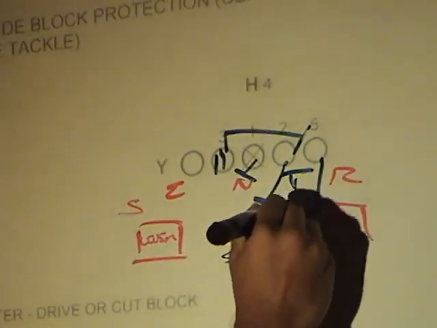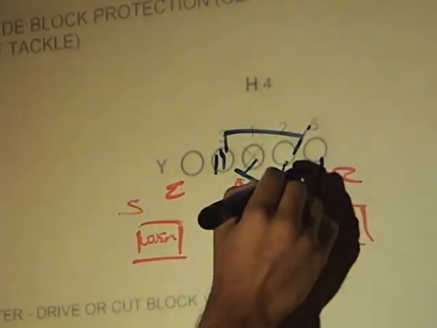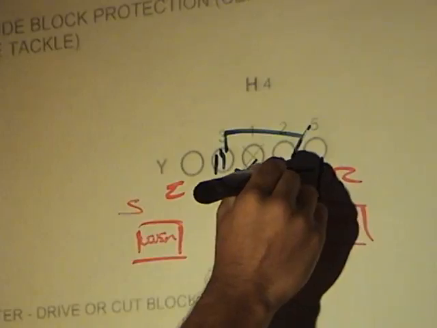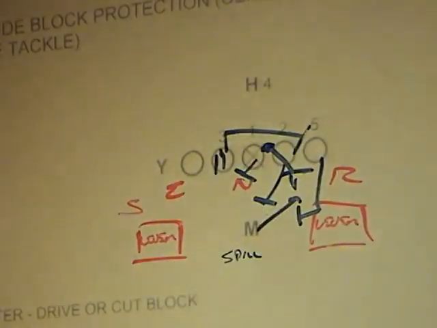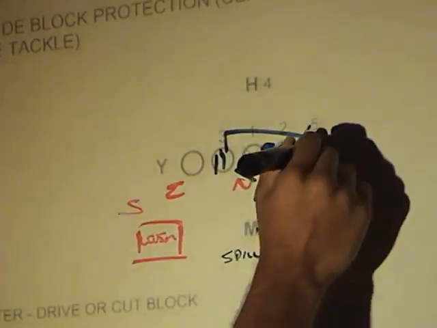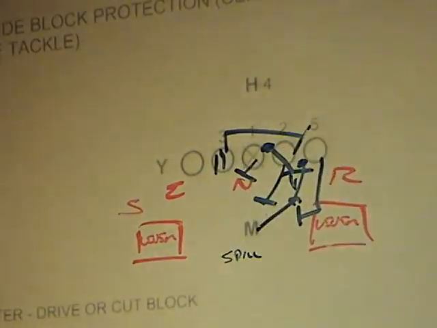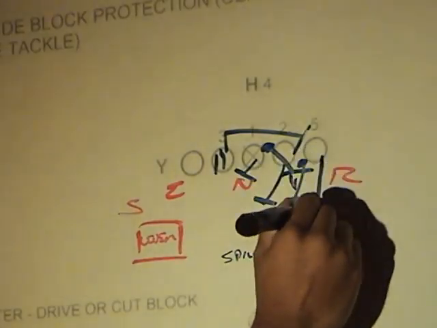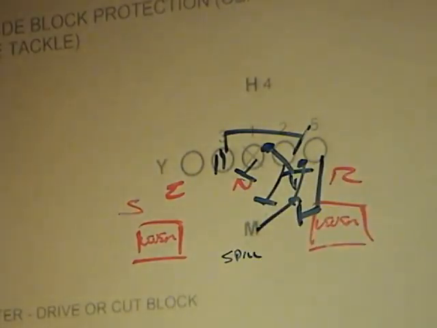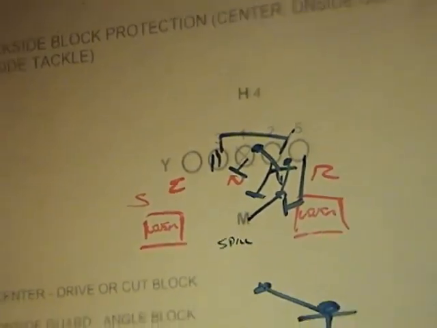As I come up this way, I see the tackle squeezing, constricting, and working to spill the offensive guard. As this is happening, I'm going to work to squeeze and replace the tackle in the B gap. If I feel the offensive tackle squeeze me in, I'm still going to condense and play off the hip of the tackle. So as the tackle comes down this way, I come down, and I want to get a tight fit this way.